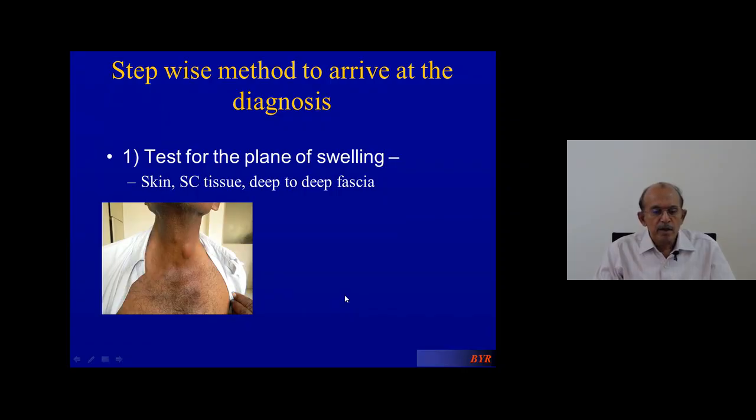Number 2, it is superficial to the deep fascia. So next question is, how do you say whether swelling is superficial or deep to the deep fascia? What test you do? How do you say a swelling is superficial to the deep fascia?